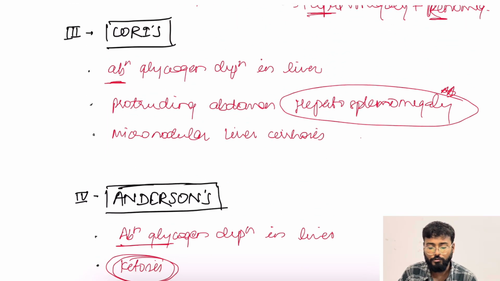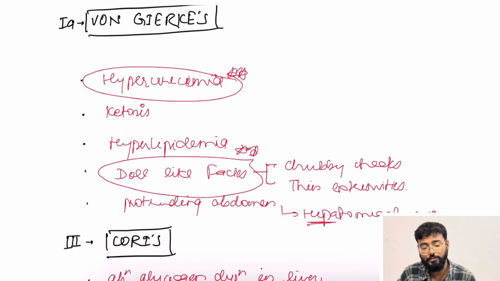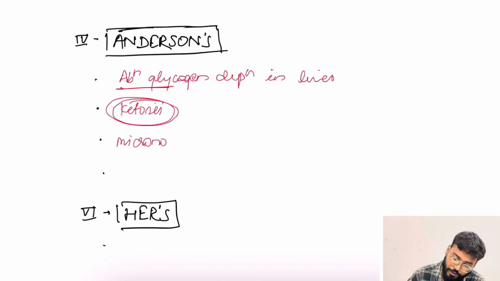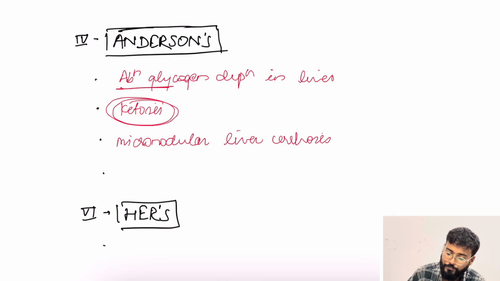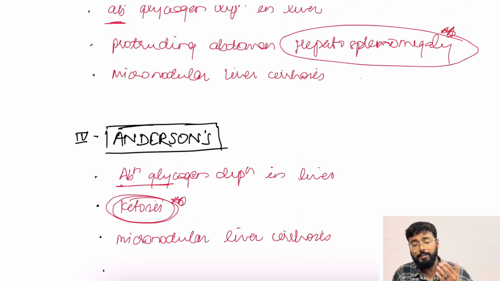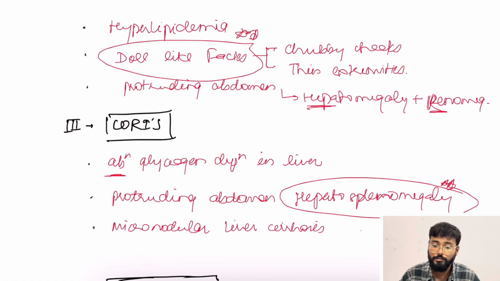Where else did you see ketosis? You saw it in von Gierke's, and you are also going to see it in Anderson's and micronodular liver cirrhosis. So if the question gives ketosis along with cirrhosis, this is Anderson's.